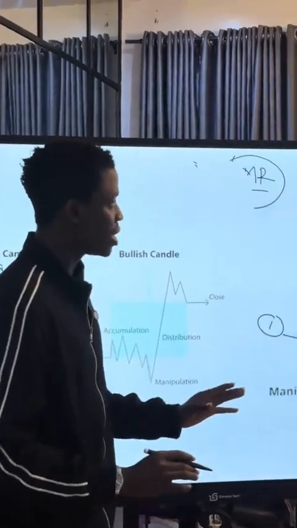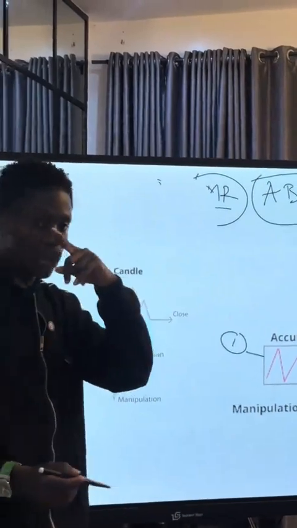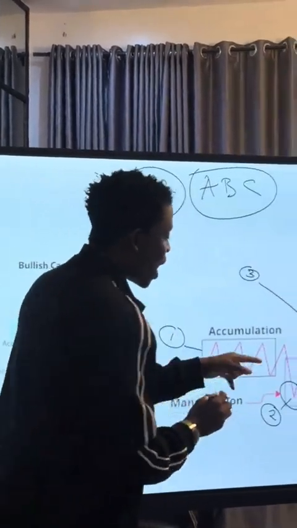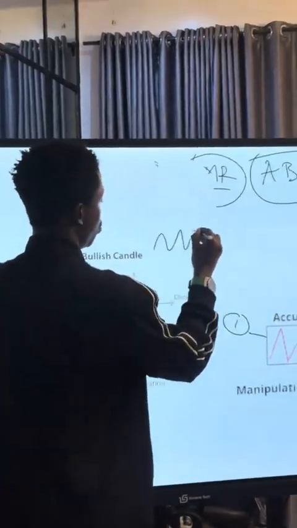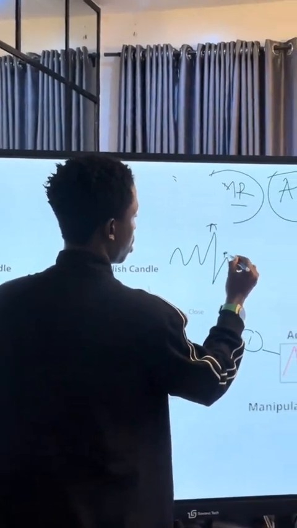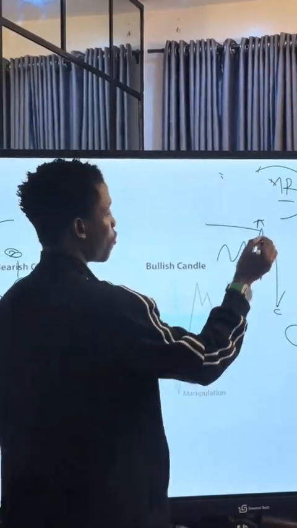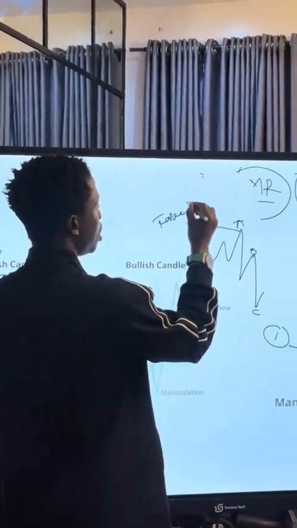So what you do next is you apply my ABC rule. I told you guys, this is my ABC rule, A, B, and C. And I told you guys that my A is a point that takes liquidity.